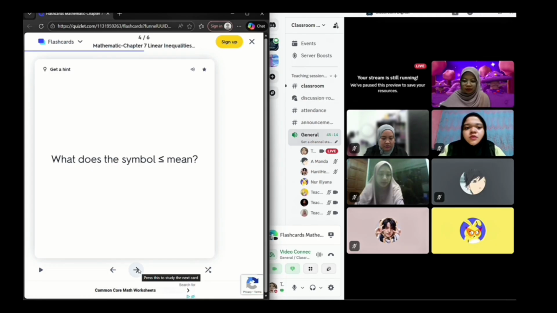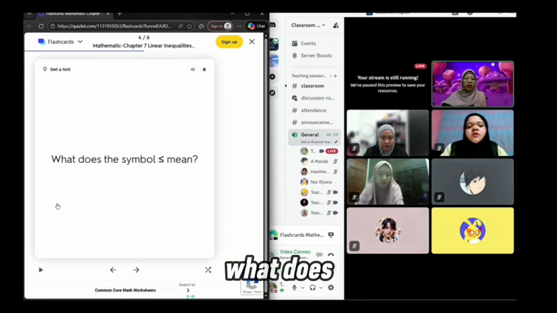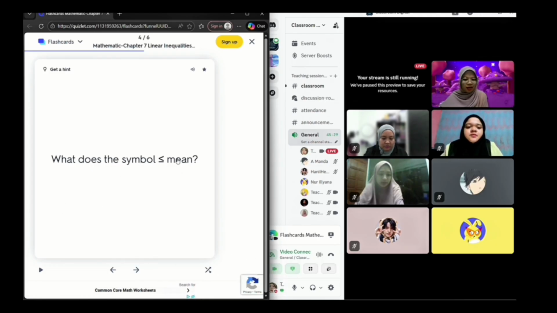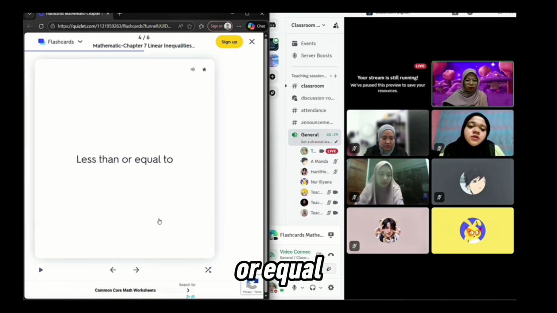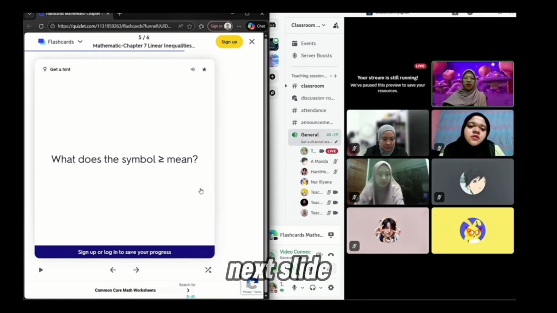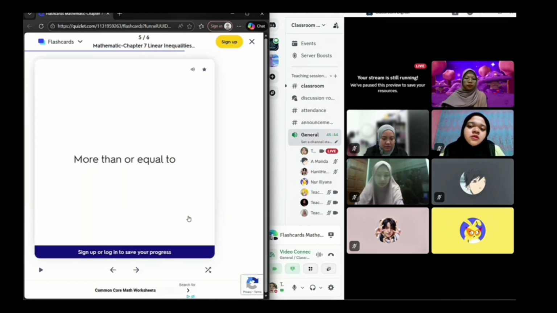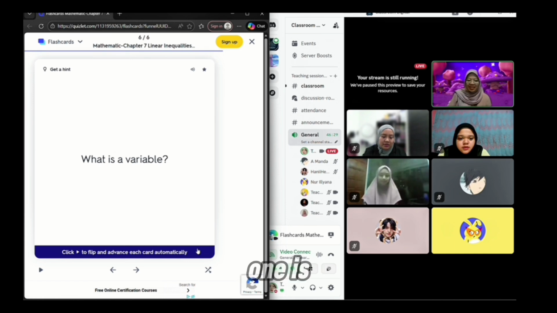So, the next one is, what does the symbol mean? The symbol means less than or equal to. Okay, the next slide is, what does the symbol mean? Meanwhile, this means greater than or equal to. The next one is, what is a variable?